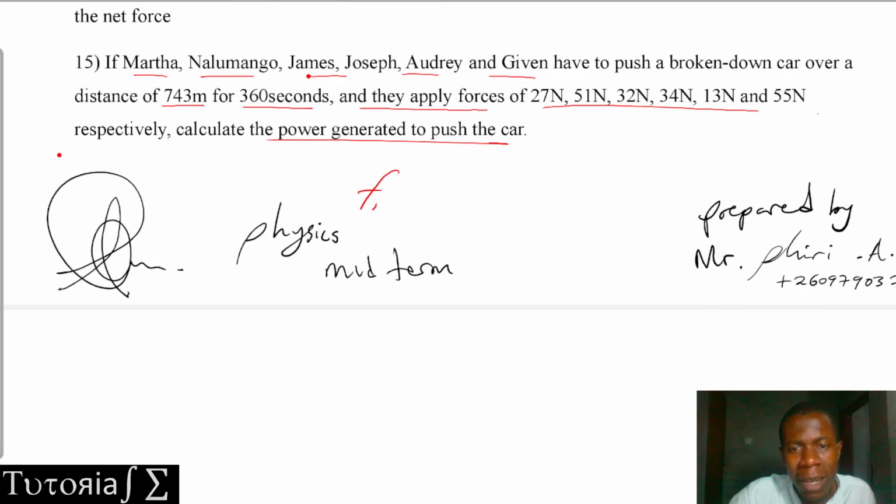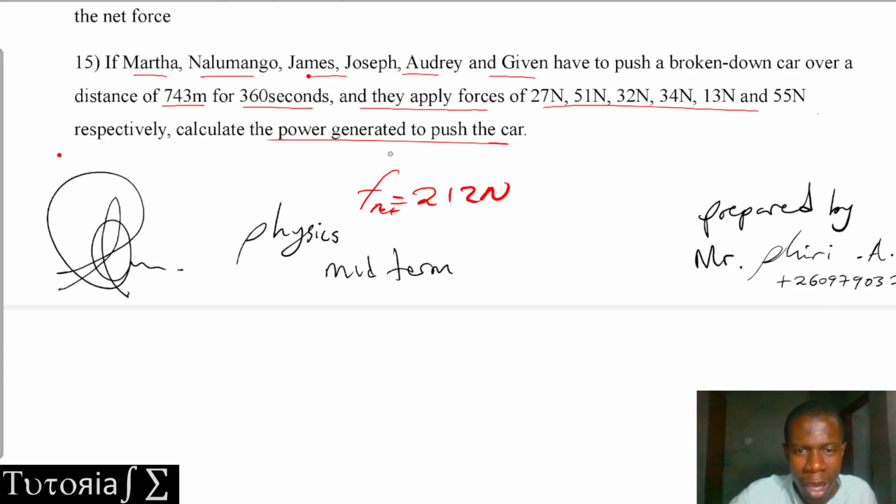So we need to find the net force. So the net force will simply be adding these forces. That is 27 plus 51. It would give you 212 newtons. That would be the net force.